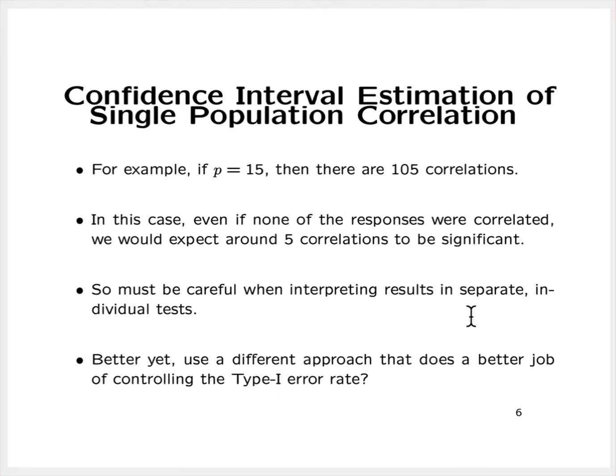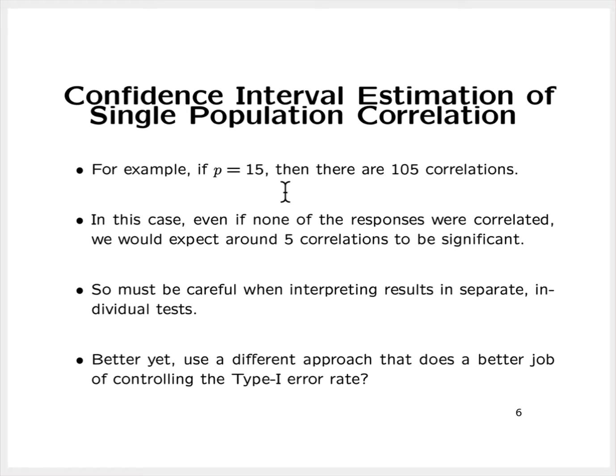Now, one approach to controlling the overall type 1 error rate, and that's what we're talking about here, is trying to make inferences while at the same time maintaining control over the overall type 1 error rate. One way to do that in this context would be to perform a Bonferroni adjustment.